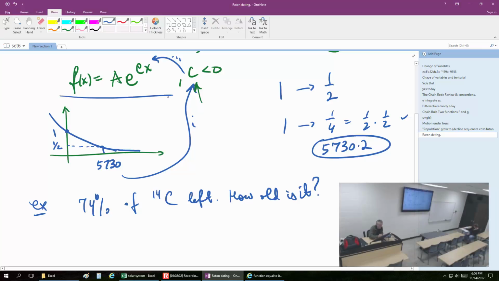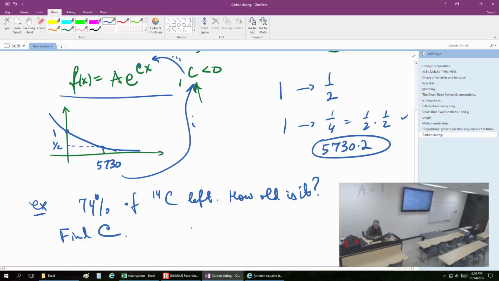So the formula is here. We need to find C. We could assume A equal to 1; that doesn't matter because we are doing percentages anyway. So we need to find C from this formula, and this is how it works out.